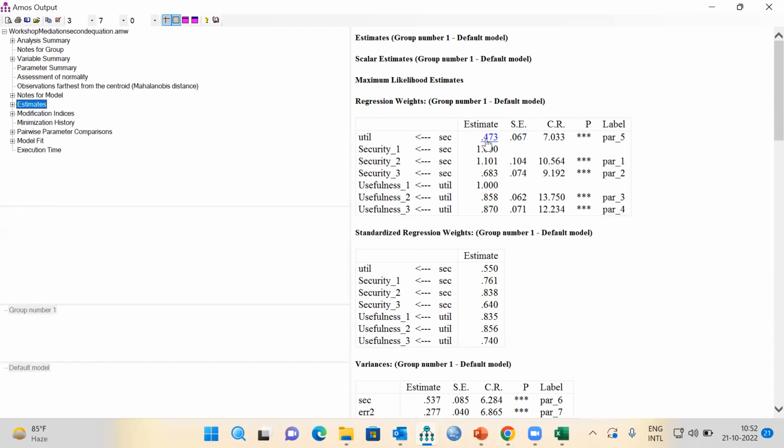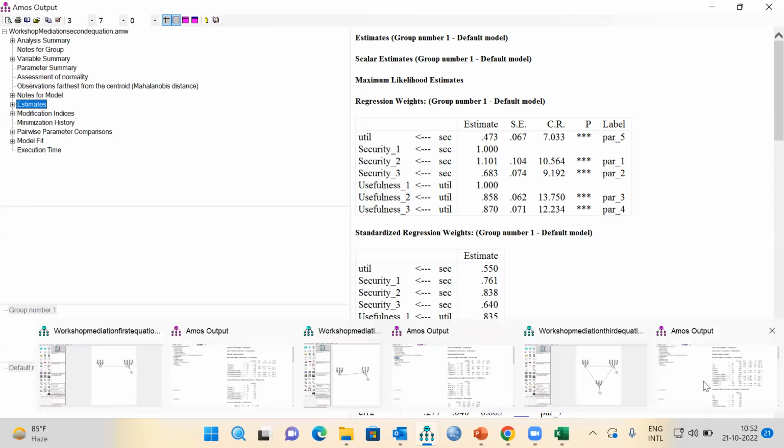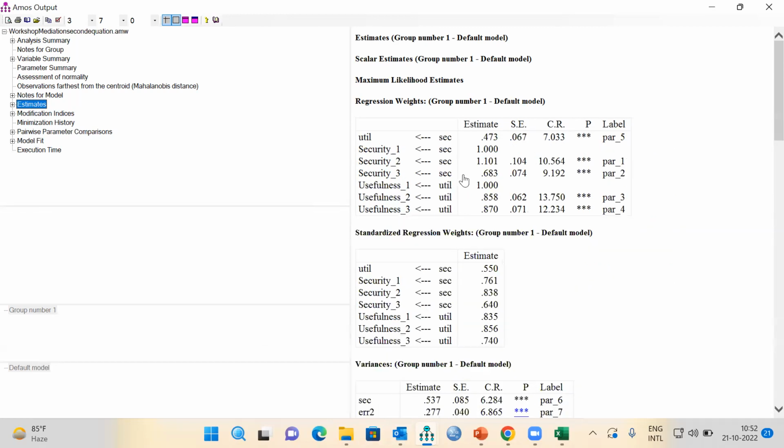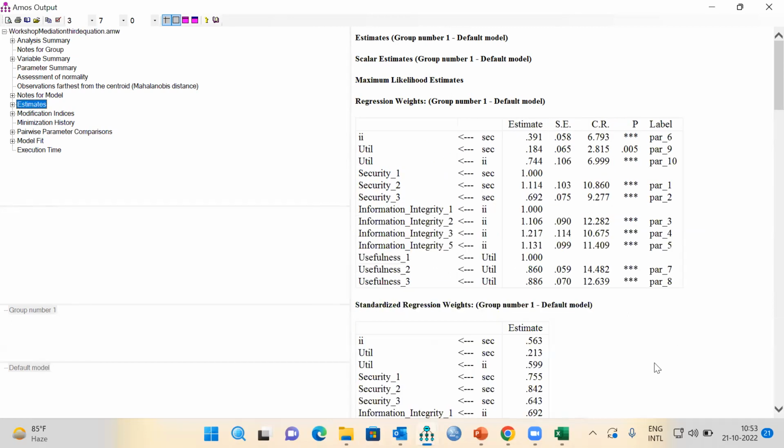Now, when we are running both the mediator as well as the independent variable in the third equation, both are significant, but the value of the direct path has come down from 0.473 to 0.184.